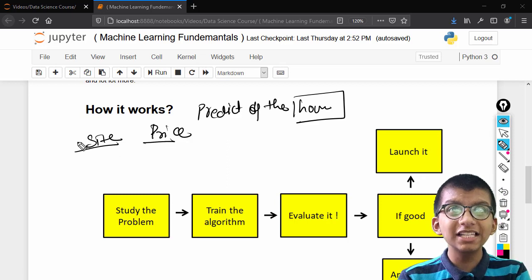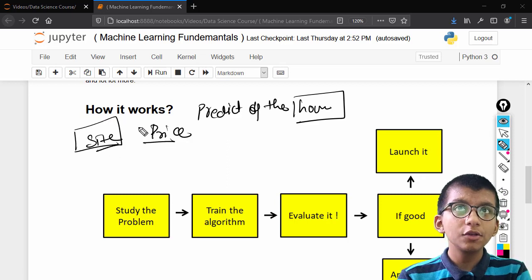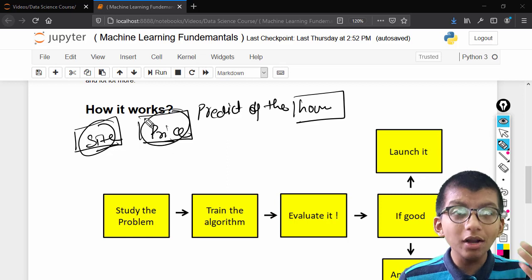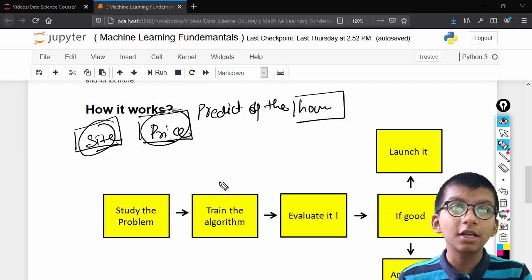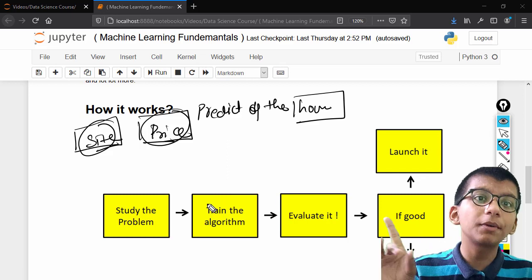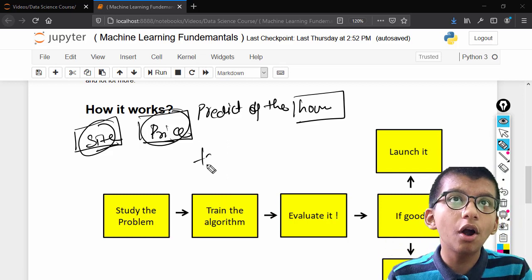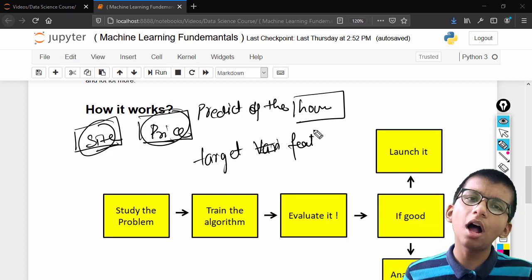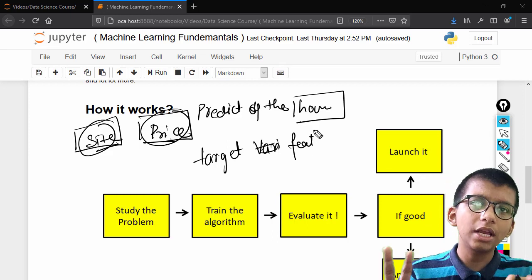These are called the features. On the basis of the feature, size, we have to predict the target variable. The thing that we want to predict is called a target variable. A variable, feature, and column are all equivalent.